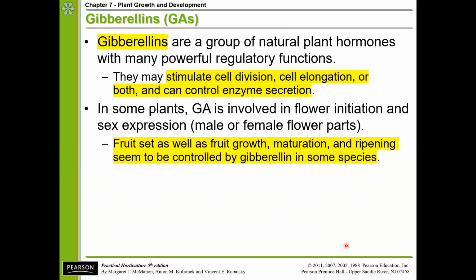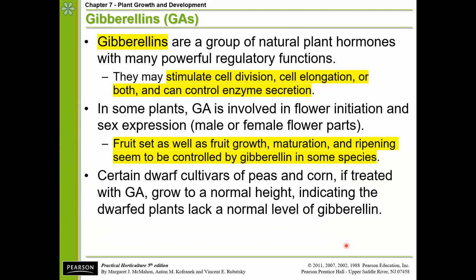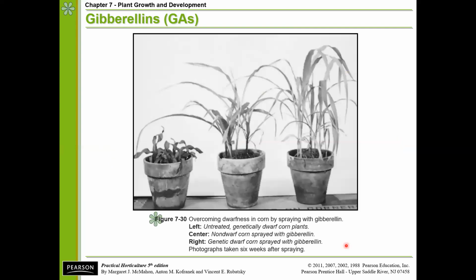And in some cases, they're also involved in the actual sex of the plant, whether it's male or female, as well as fruit set and growth. So gibberellins can do a whole lot of different things, but they're mostly used for some sort of growth of the plant. We're not using them to create roots or anything like that.